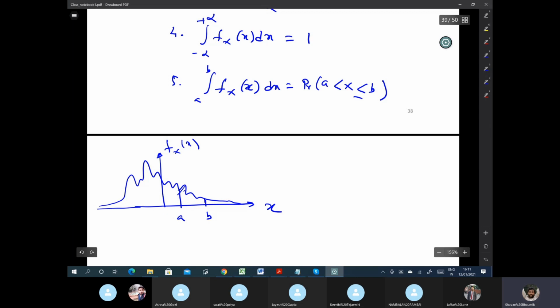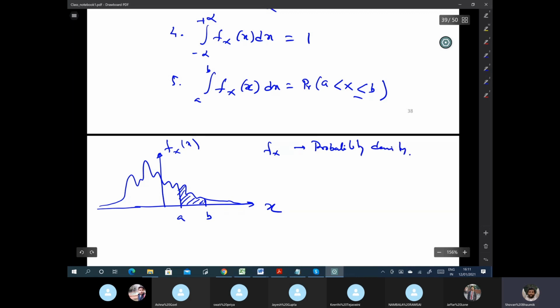You will do the integration, so that the area under the curve will be the probability. So the y-axis is not the probability, the y-axis is the probability density, I am always saying.